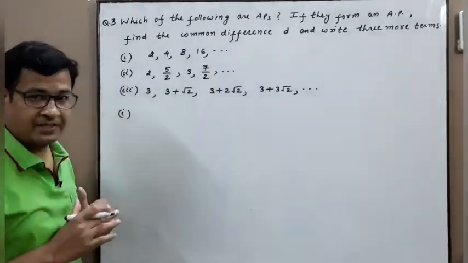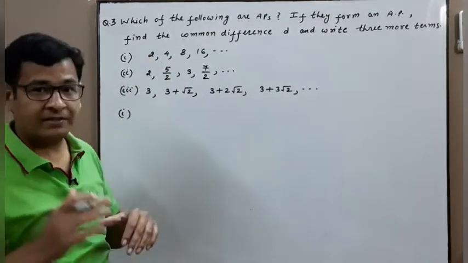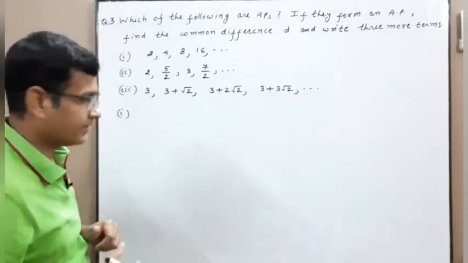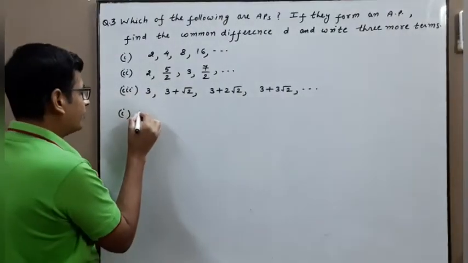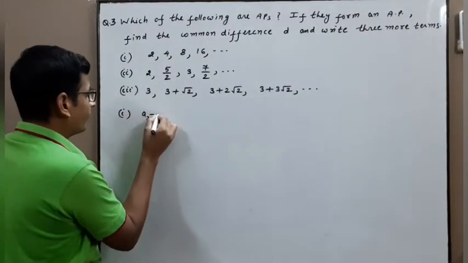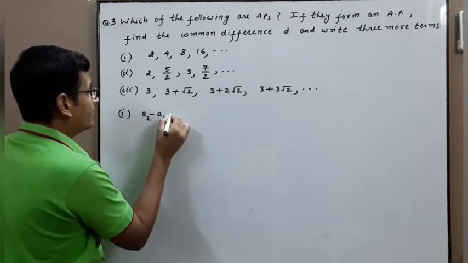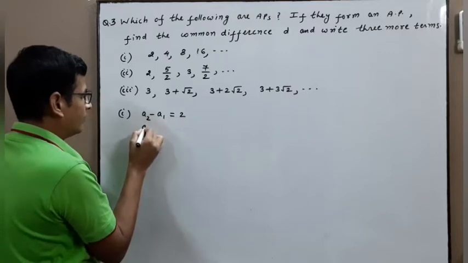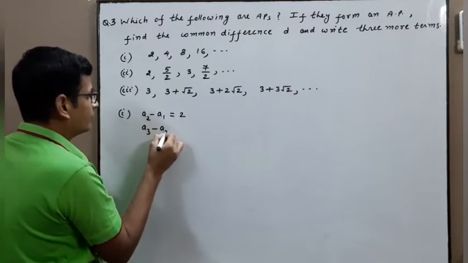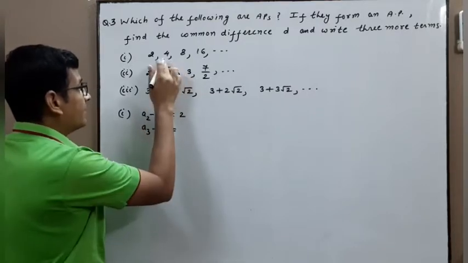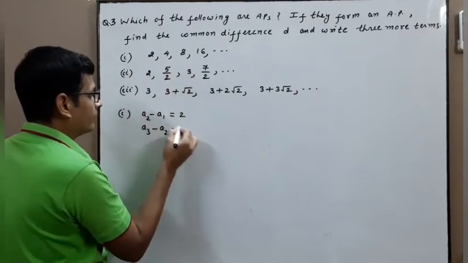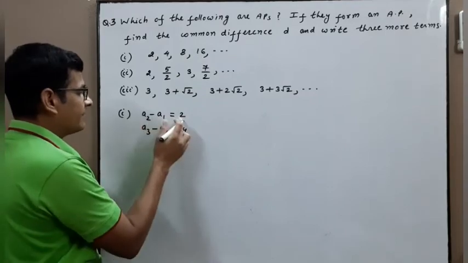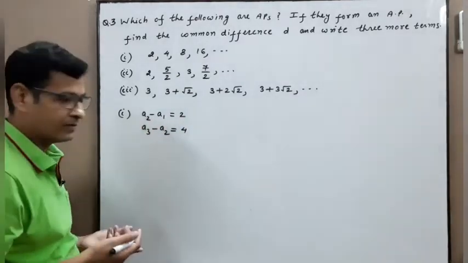Now we have to check AP. Means A2 minus A1 equal to A3 minus A2 equal to A4 minus A3. So first find A2 minus A1, which is 4 minus 2, 2. A3 minus A2, 8 minus 4, 4. So no need to find A4 minus A3 because A2 minus A1 is 2 and A3 minus A2 is 4.